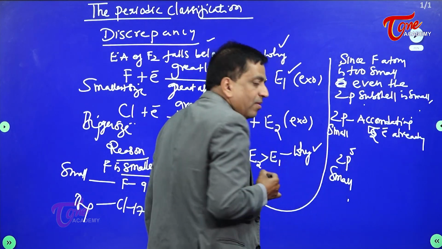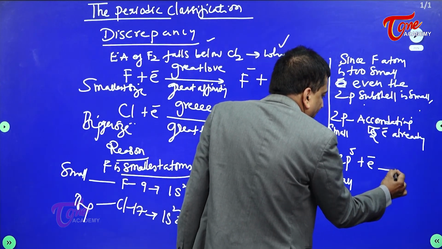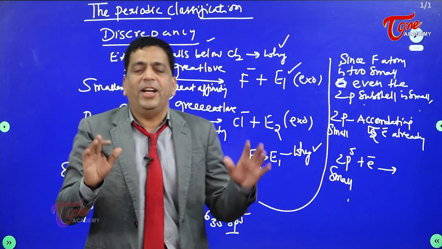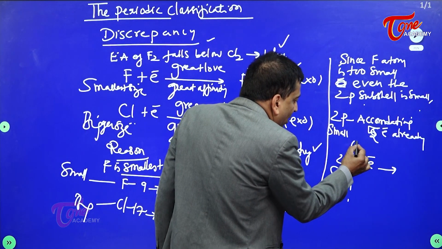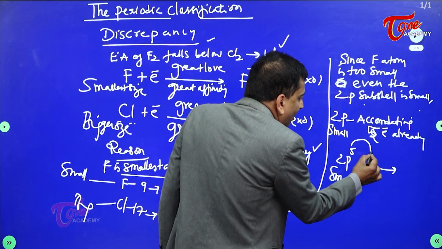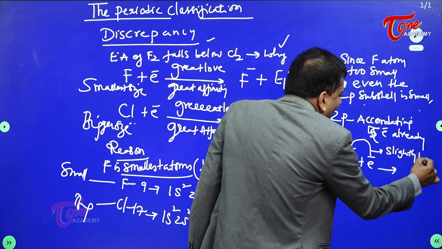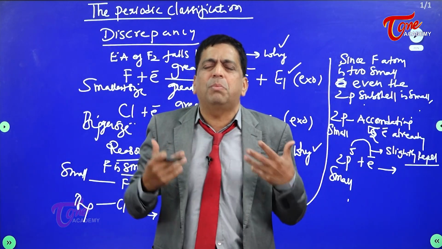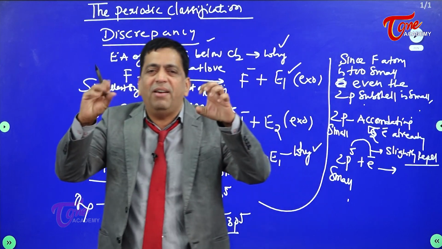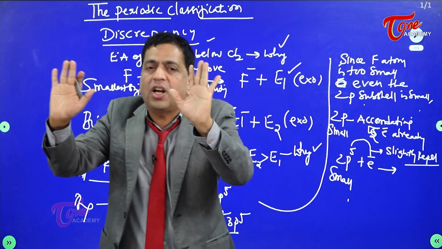If you try to add one more electron, the electrons already present and the extra electron slightly repel. Already we don't have space for the 5 electrons. You're coming again? Don't come.